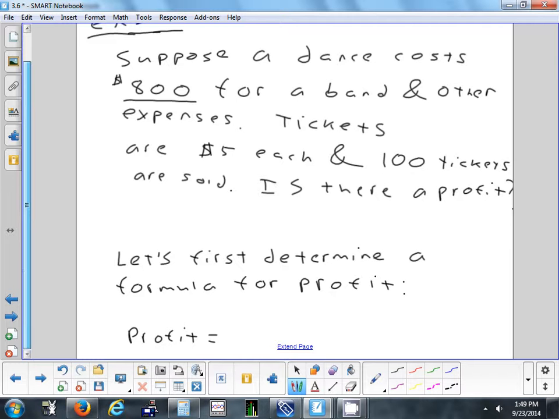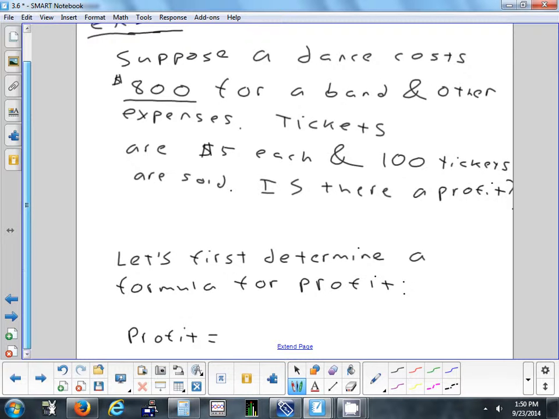What does the profit depend on for this dance? It depends on really three things. There's three things that affect the profit. Kayla? The amount of people that go and buy the tickets. Yeah, so the amount of tickets you sell, that's one thing. What else about the tickets is important? Not just how many you sell, but how much they are, so the cost for each ticket.